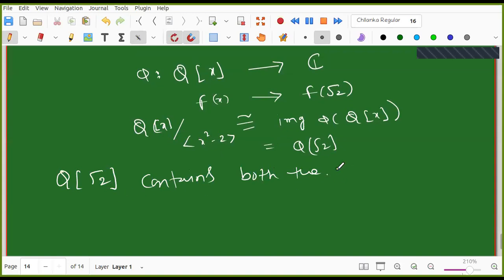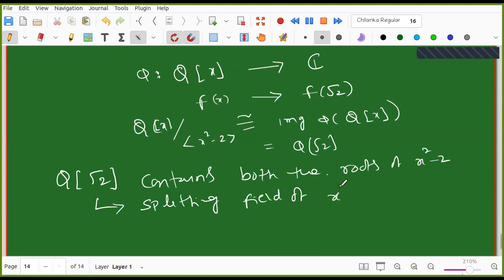Q(√2) contains both the roots of x² - 2. So this is the splitting field of x² - 2, right? So this is a field which contains both the roots of x² - 2.